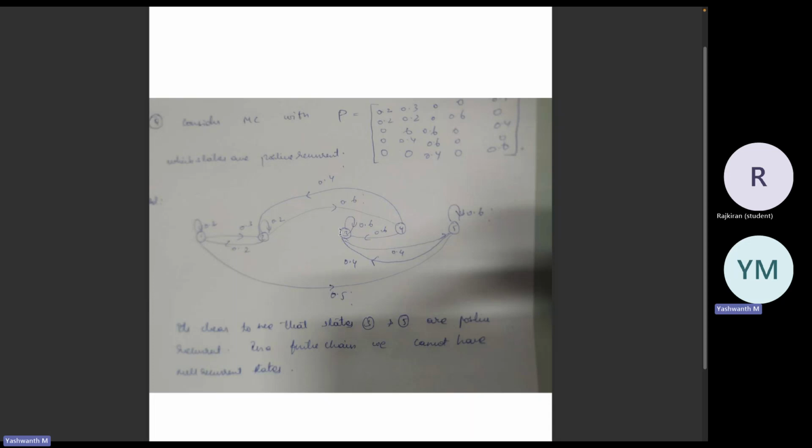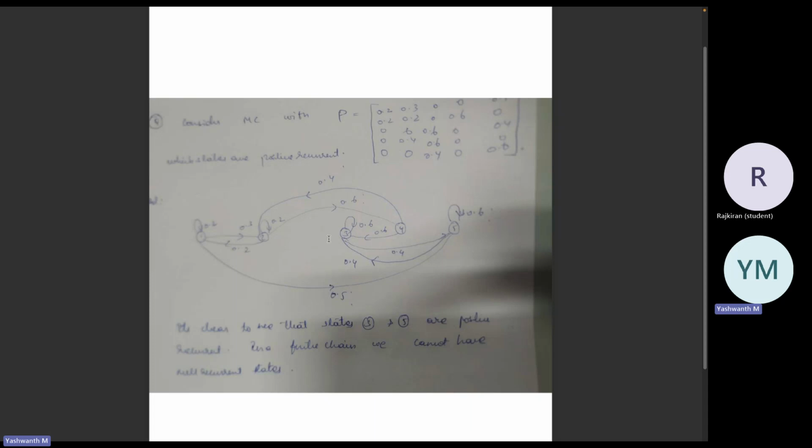What are the possible options then? Once you enter 3, you can stay in 3, or you can go to 6, and from 6 you can go to 3. So you cannot leave these states, 3 and 5.